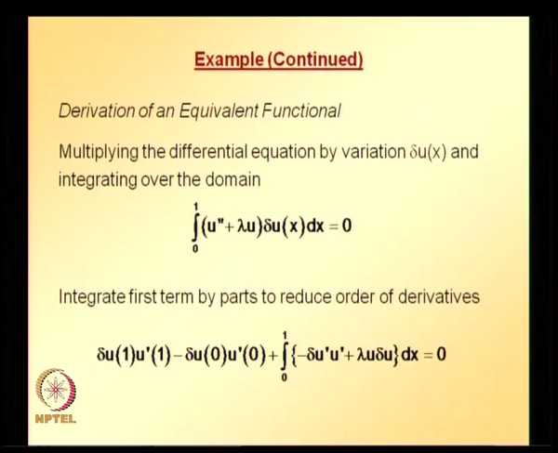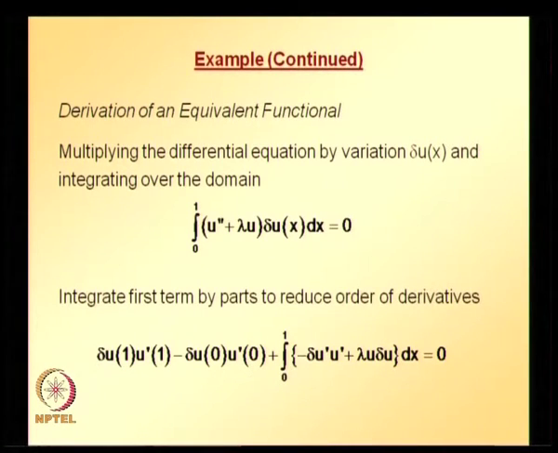and here we are very fortunate, because at x is equal to 0 and x is equal to 1 essential boundary conditions are prescribed. Essential boundary conditions are given at x is equal to 0 and x is equal to 1. So, automatically the first two terms, the boundary terms, get cancelled.